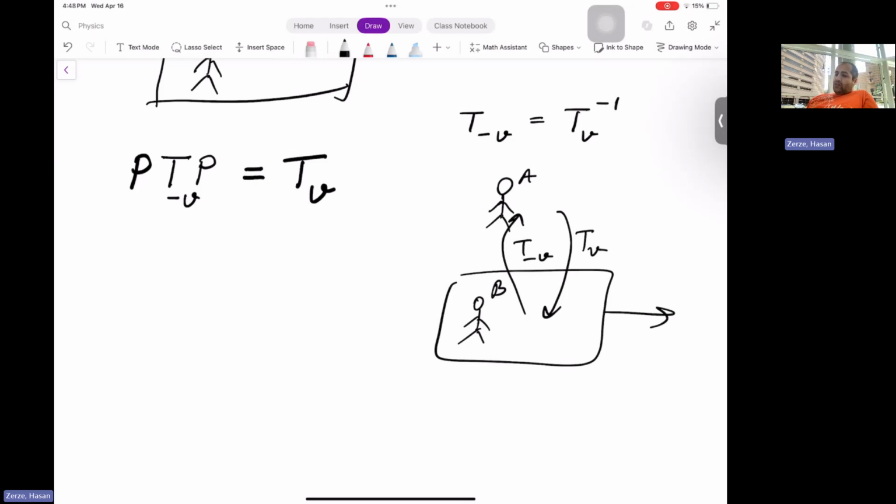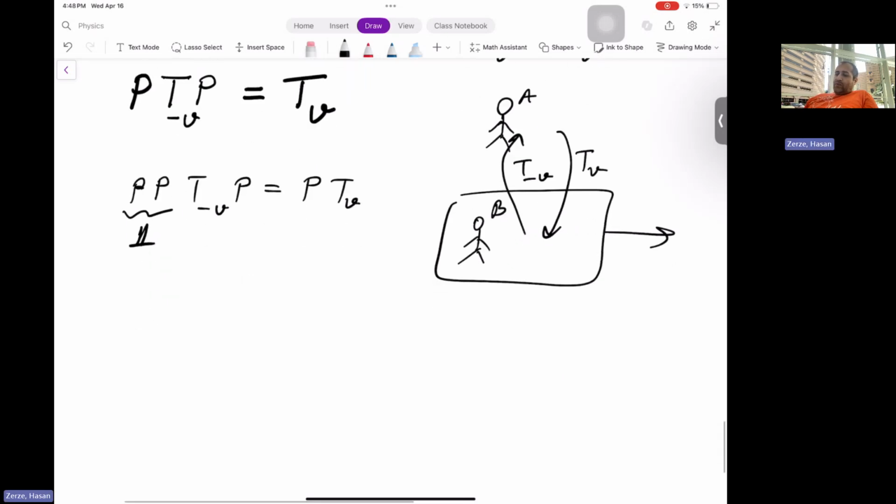Now, noting this, and also the inverse of the parity is also parity itself. So let me apply P on both sides of this equation. If I apply P on both sides of this equation, I get the unit matrix, and then I get T minus v P equals to P TV.